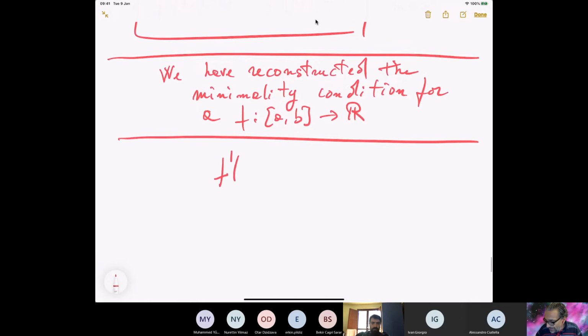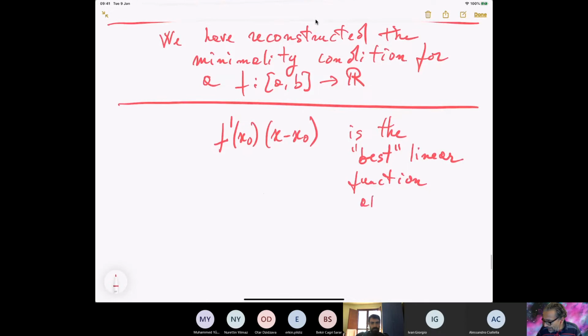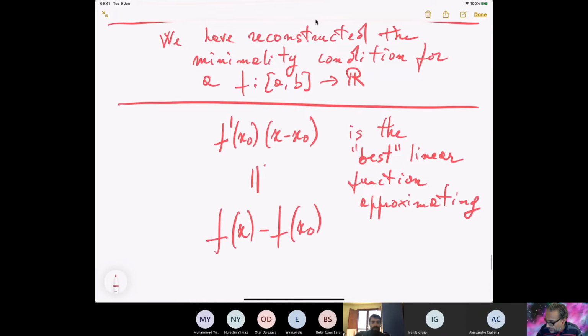F prime of x0 times x minus x0 is the best linear function approximating f of x minus f of x0.